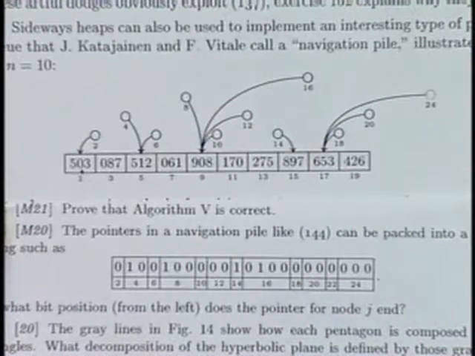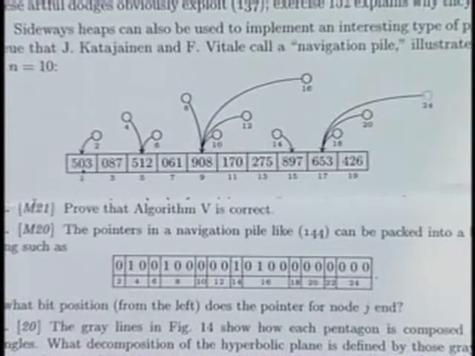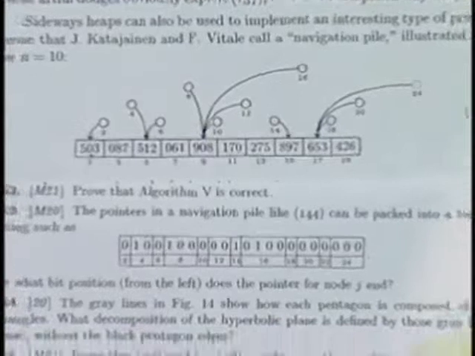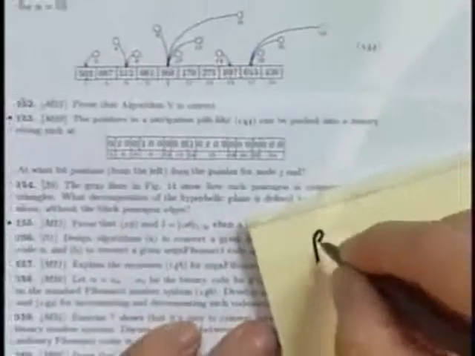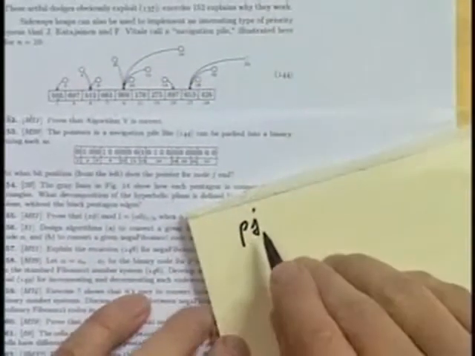And the answer is that the number of bits in a pointer in J is what we call rho J. This is the ruler function of J.